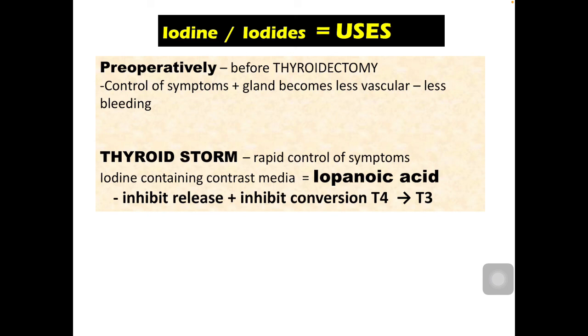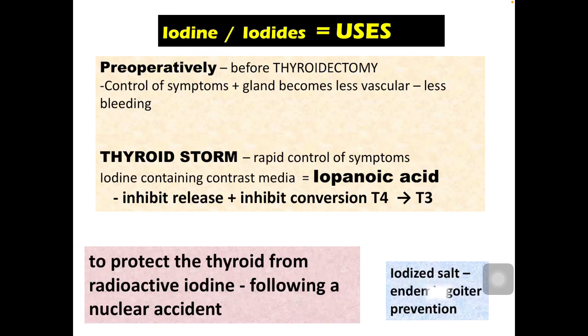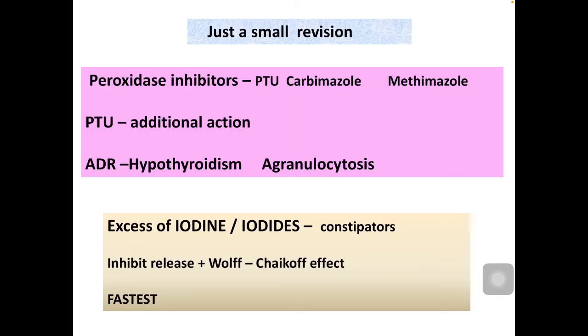In addition to producing thyroid constipation, it also inhibits the peripheral conversion of T4 to T3. Another use of iodine is to protect the thyroid from radioactive iodine in a nuclear fallout, and iodized salt is used to prevent endemic goiter.